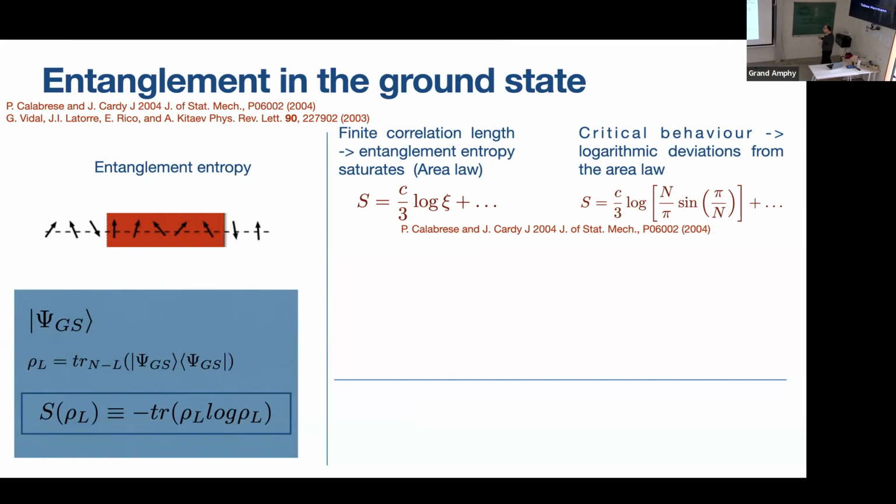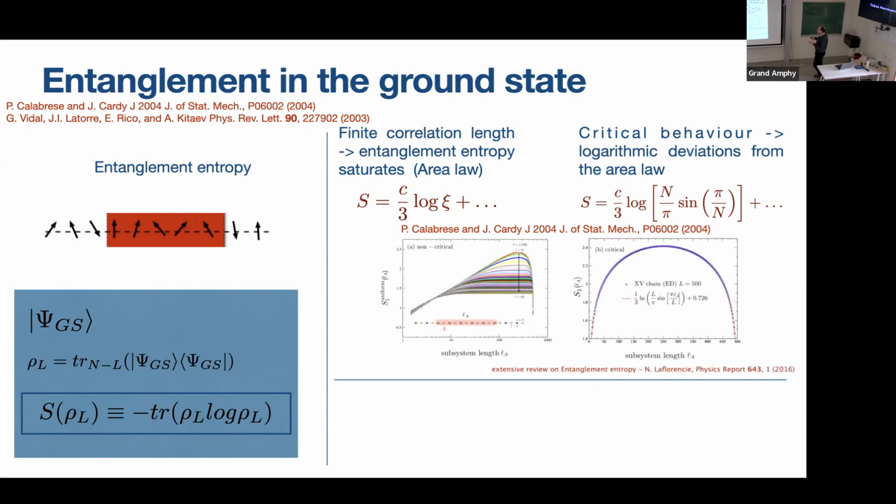This is reminiscent of the power law decaying functions. Another very important thing that I just mentioned yesterday, but let me say it again, is the prefactor, which is a characteristic of the underlying conformal field theory. C is the central charge.